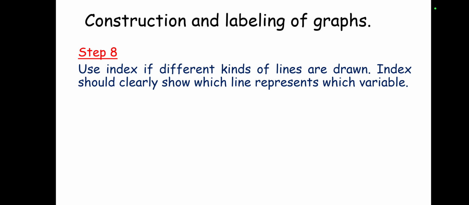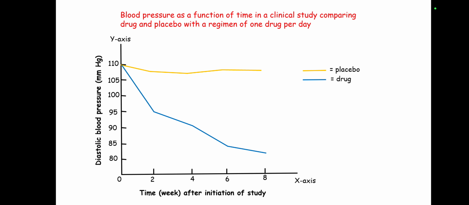Next, step 8 is use index if different kinds of lines are drawn. Index should clearly show which line represents which variable. So this box is known as the index. As you can see, the yellow line is for placebo and the blue line is for drug. You can use different colors, or else you can use a broken line or dotted line.